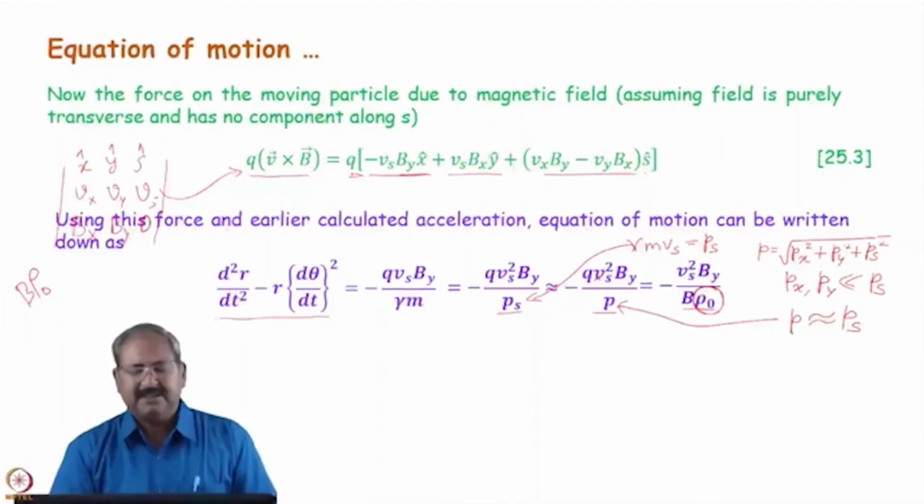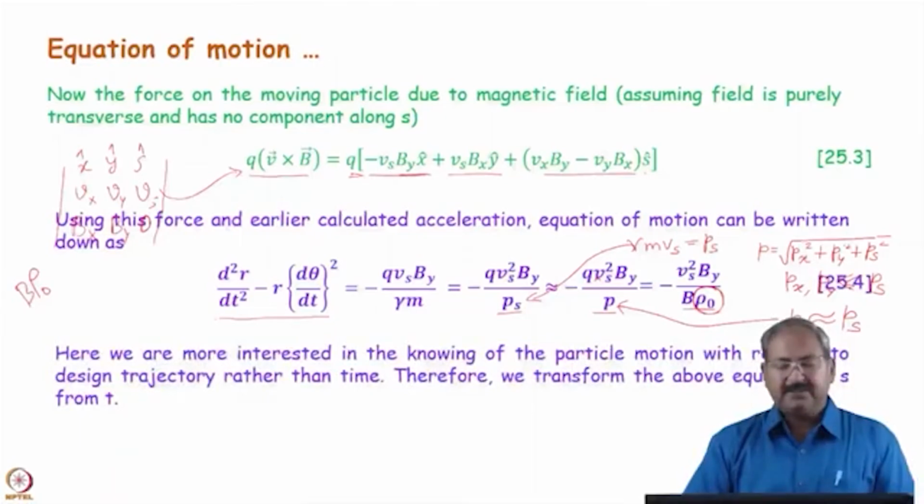It is another way of expressing energy or momentum. So in accelerators we generally describe momentum or energy in terms of magnetic rigidity, which is B rho 0. Now we have obtained the equation of motion along the x-axis.